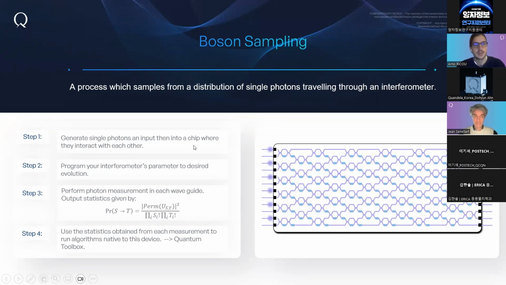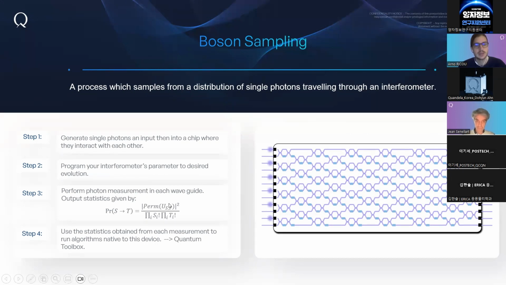We generate single photons, they go onto a chip, and they will interfere. Some of them will be in the same mode, some of them in two different modes. You can even have 4 of them in the same mode. And what you want to guess is where they will end up in the output of the circuit.